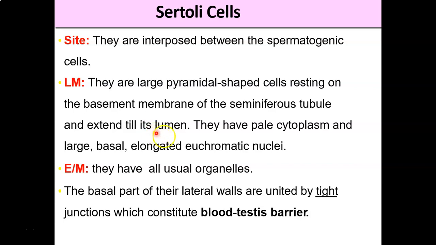It is tall columnar. They have pale cytoplasm and large basal elongated euchromatic nuclei. These nuclei represent activity, euchromatic. They have all the usual organelles by electron microscopic examination. The basal parts of their lateral walls are united to each other by tight junctions. Don't forget the tight junction, which constitutes the blood-testis barrier.